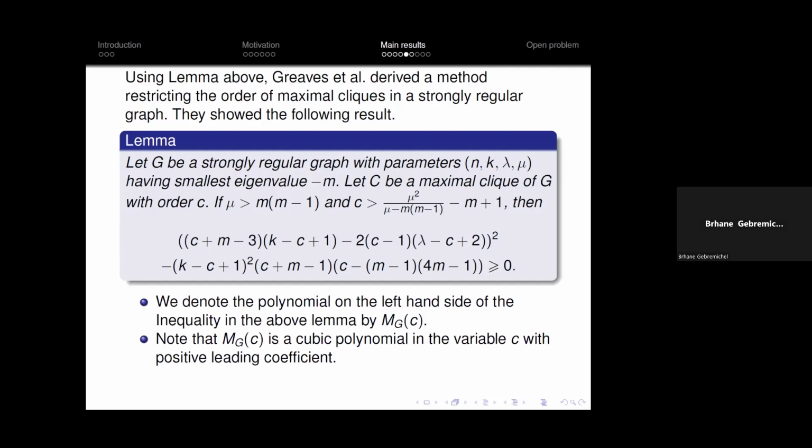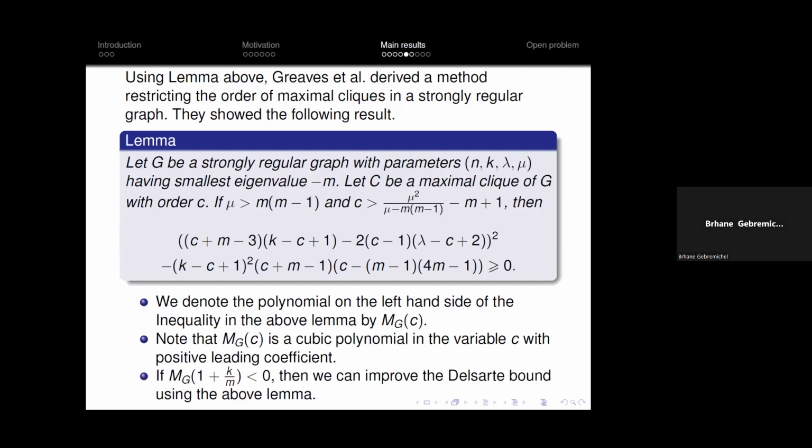We denote the polynomial on the left-hand side of the inequality by m_G of C. We have to take note here that this left-hand side is a cubic polynomial in the variable C, and its leading coefficient is positive.